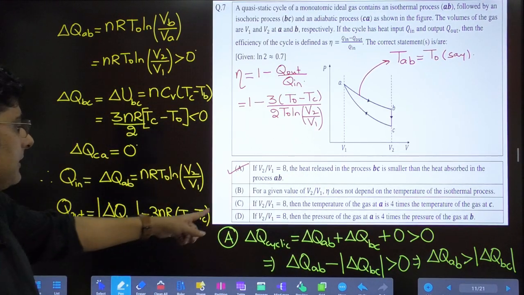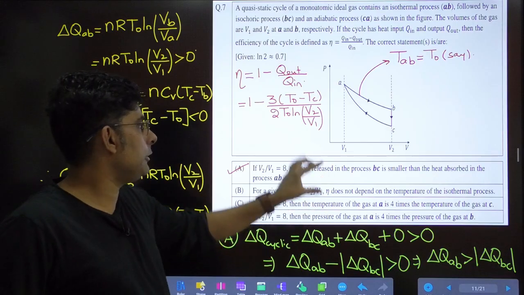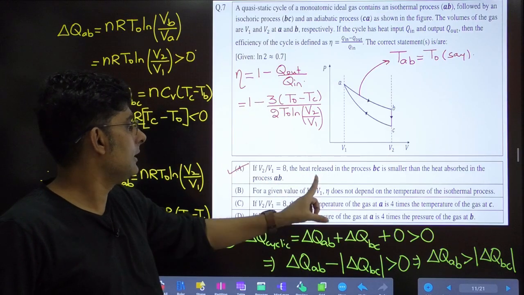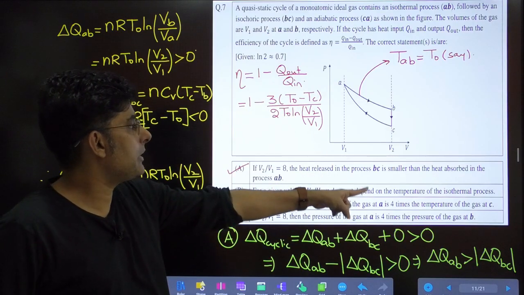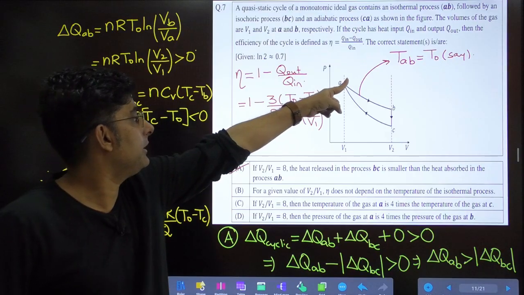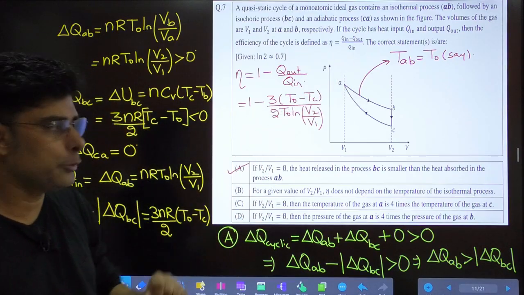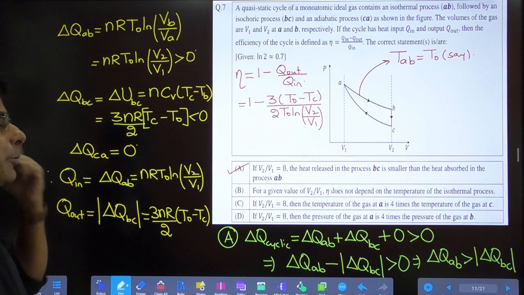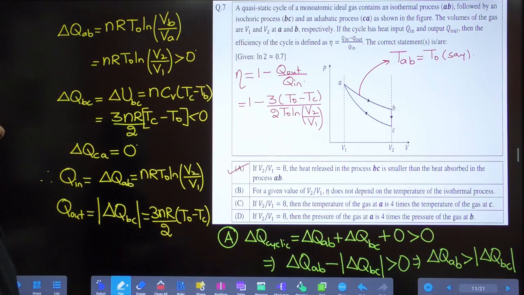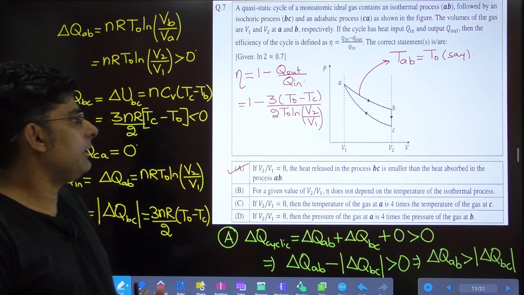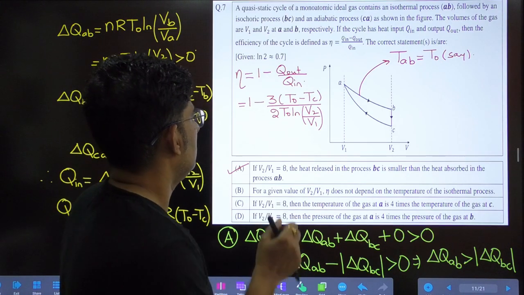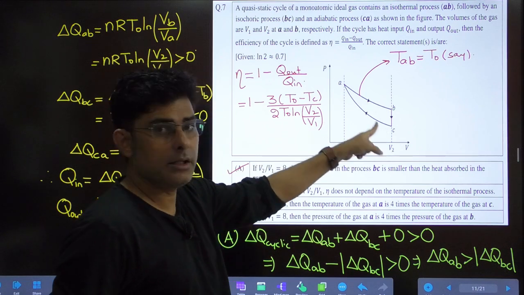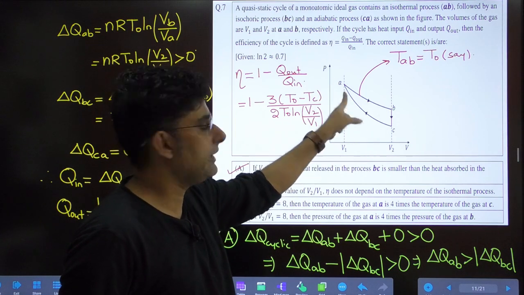Okay, so they are saying that for a given value of V₂ by V₁, if V₂ by V₁ is known to us, then efficiency won't depend on the temperature of the isothermal process, that is, it will become independent of T₀. We have to prove that, right? So how can we prove that? Well, it can be done in this particular way: if you see the process C to A, which process is it? C to A is adiabatic.